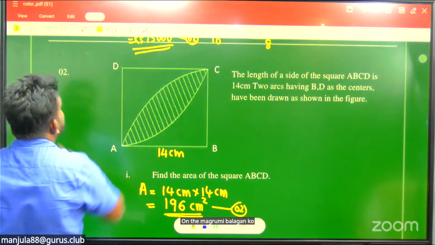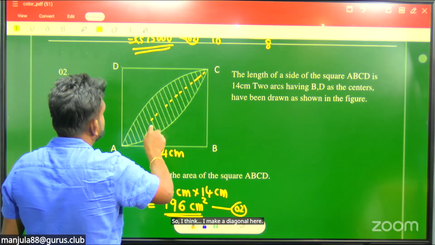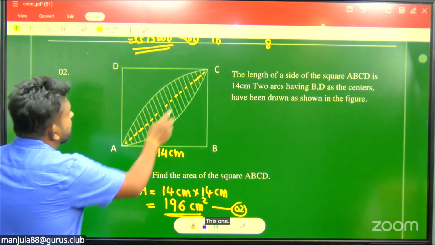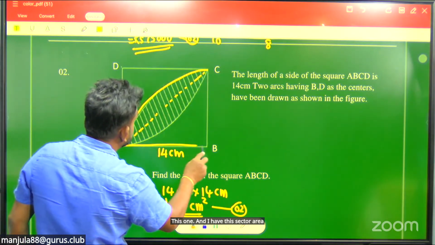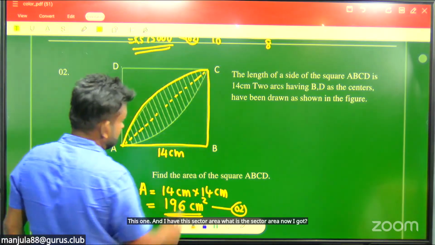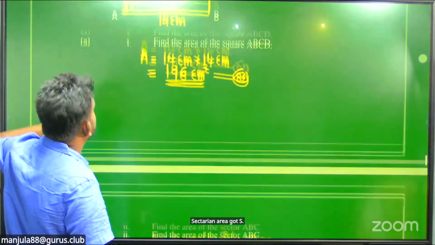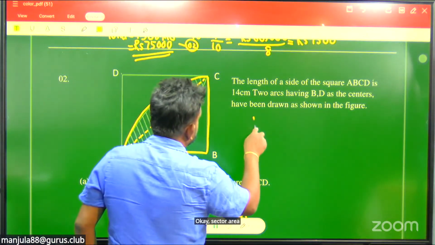So I make a diagonal here, this one. And I have this sector area. What is the sector area now I got? Sector area got as 154. Okay, sector area 154.